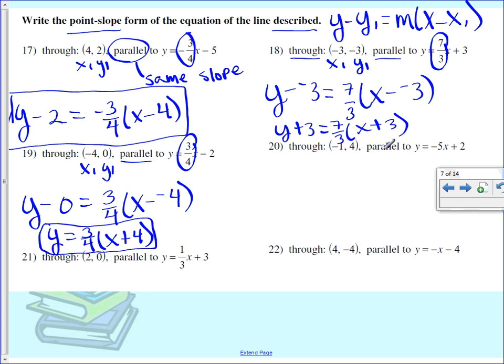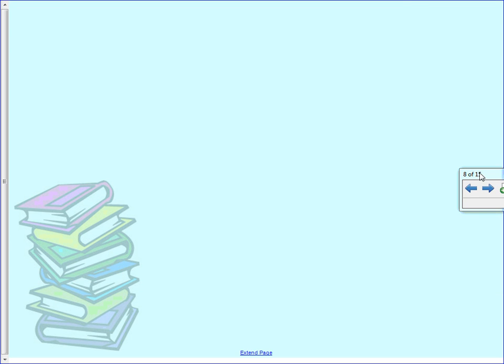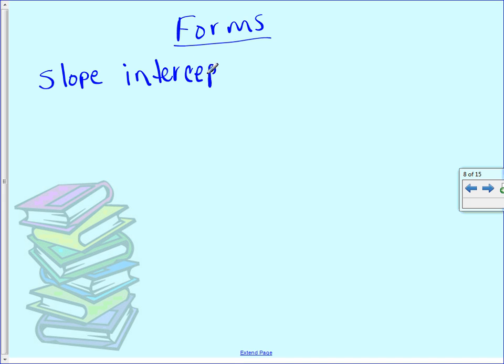Ready? Okay, so let's review real quick the different forms of linear equations. We have the slope intercept form, which is y equals mx plus b. We're so used to slope intercept form, right?